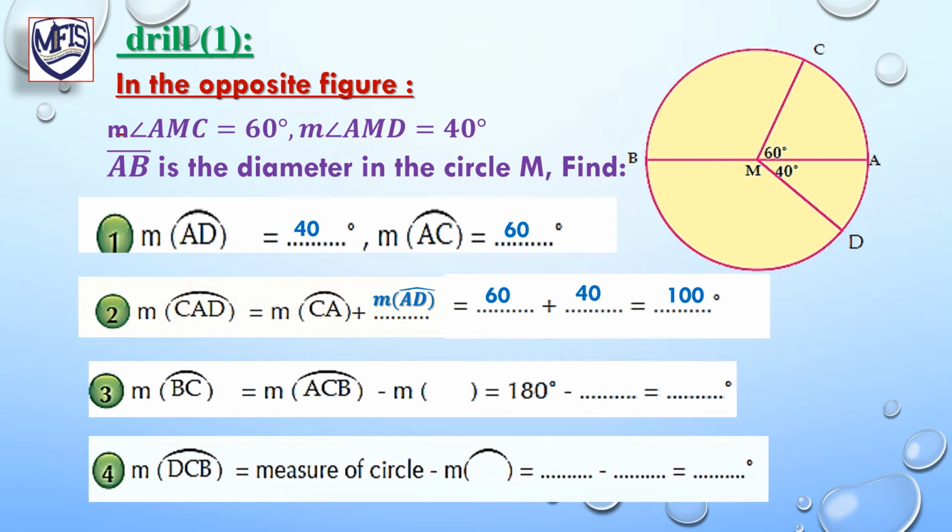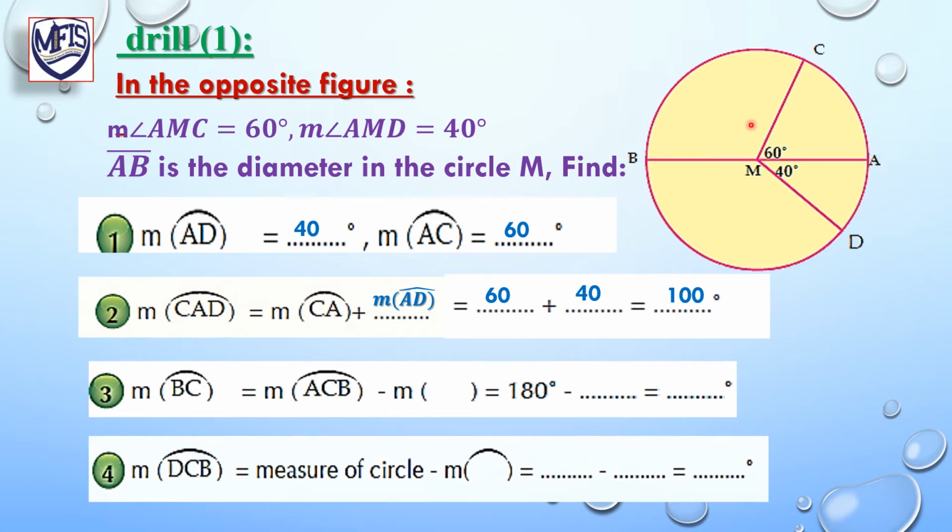Number 3, measure arc BC equals measure arc ACB minus measure arc AC.